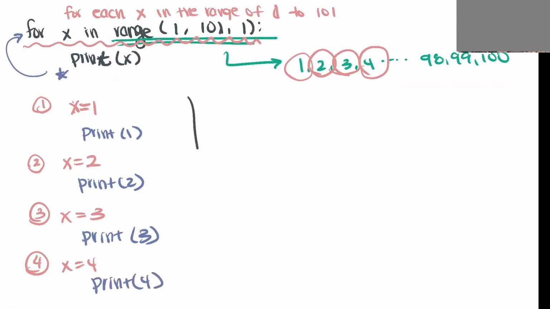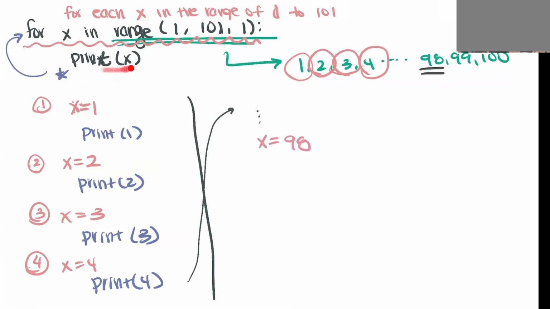So let's say we've done more, and we're currently at 98. So x is equal to 98. We would fall in the block, which is print x, and that means it'll print 98.